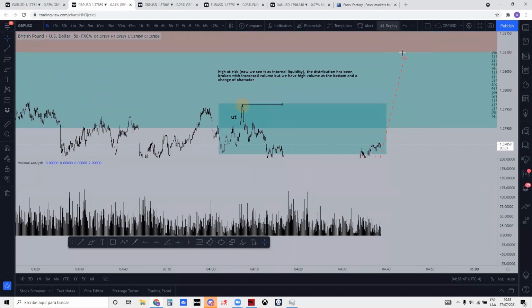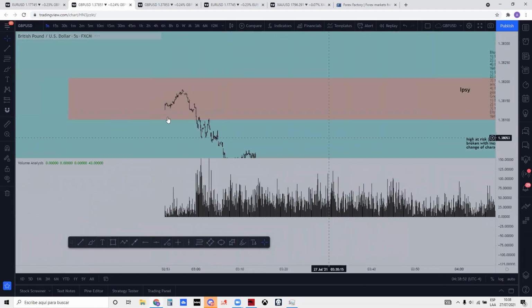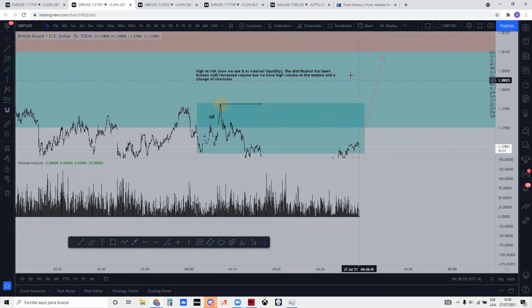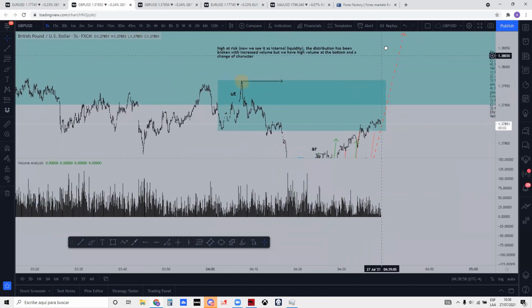Anyways, let's say that price continues going higher on GBP/USD, which is the bias to mitigate this last point of supply. Once it gets to this level, we can look for a shorting opportunity.